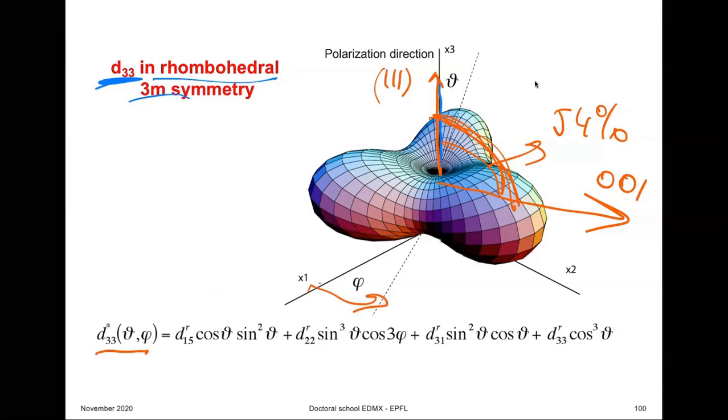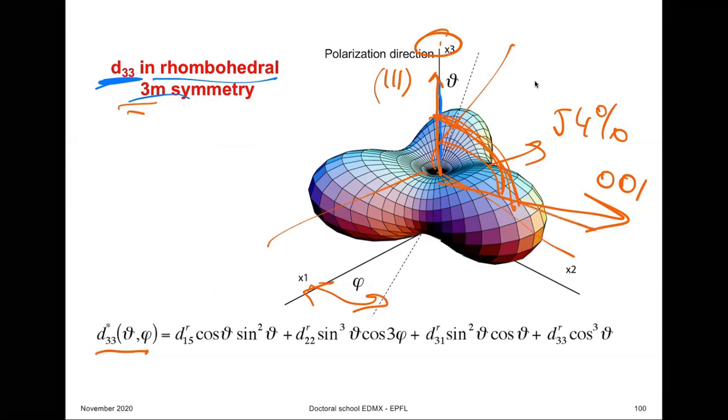And for D33 as a function of this rotation, you actually have to also take the angle phi, as opposed to barium titanate, where the material is the same regardless of which angle phi you take. Here it changes. It has this 3m symmetry that you see. If you look along this, you see a threefold symmetry which repeats itself.